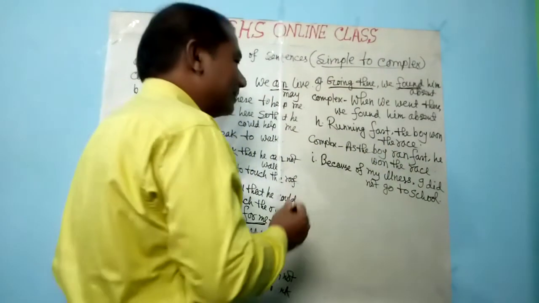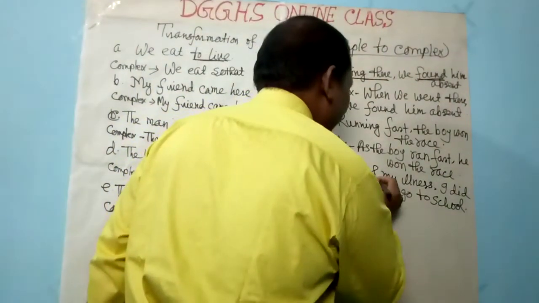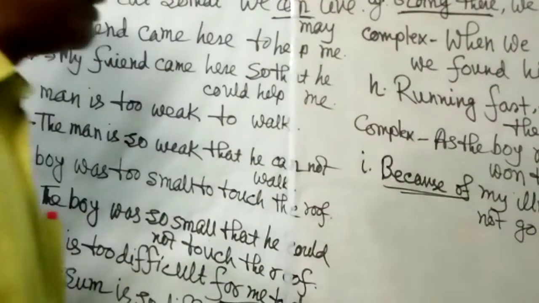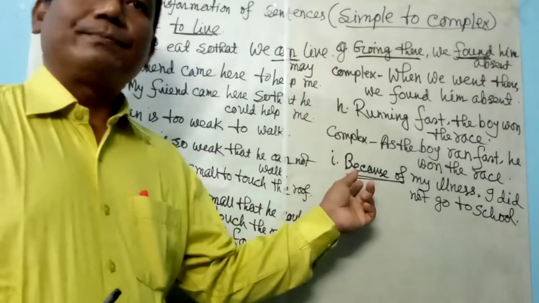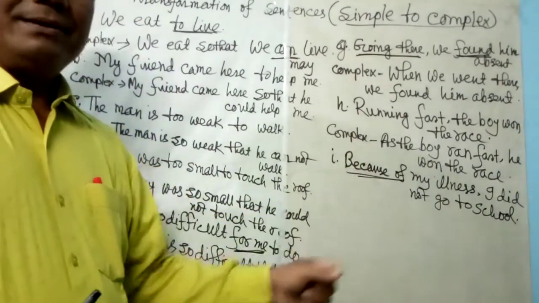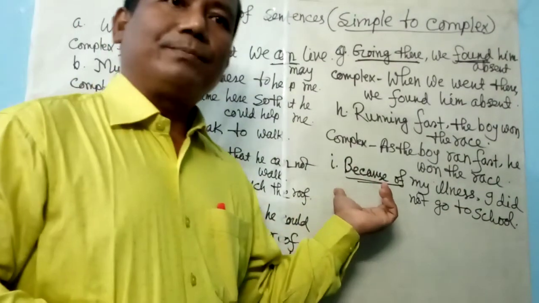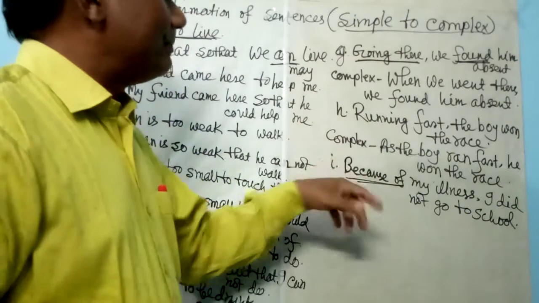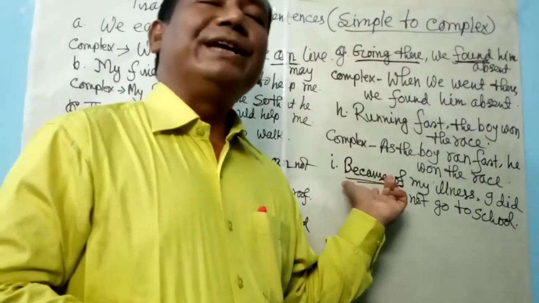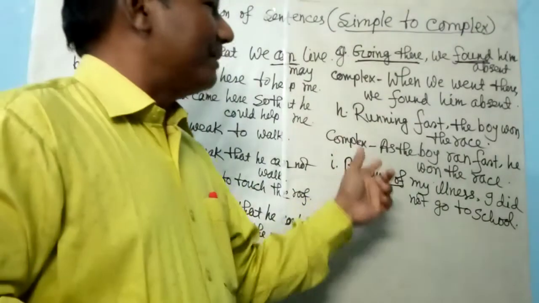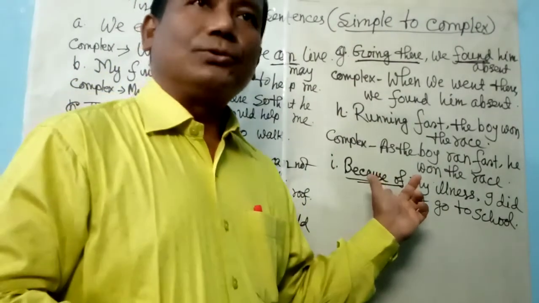Here you see the adverbial phrases because of. It may be because of, or because may be replaced by on account of, or it may be replaced by owing to, or it may be replaced by due to.